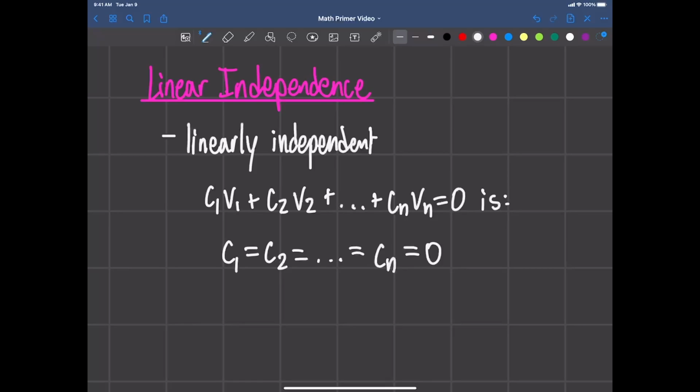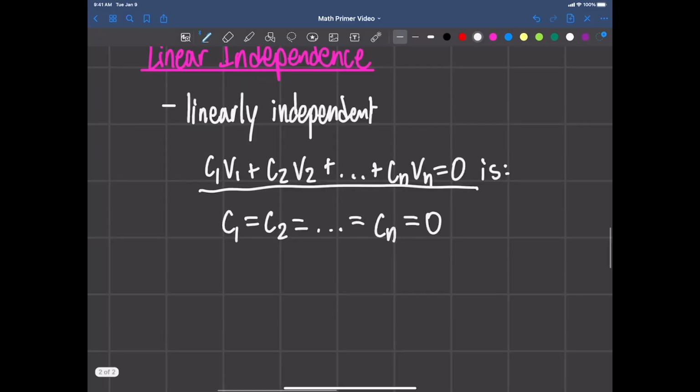So, vectors are linearly independent if the only solution to this equation is if all the scalars are equal to 0. If there were any set of scalars that aren't 0 but add up to 0 when you multiply them by the vectors, then they would be linearly dependent. And 0 here is the 0 vector.